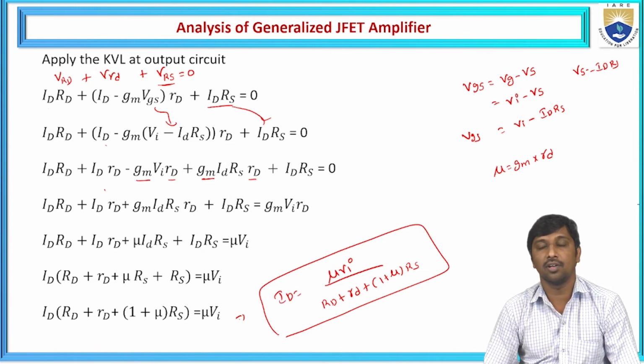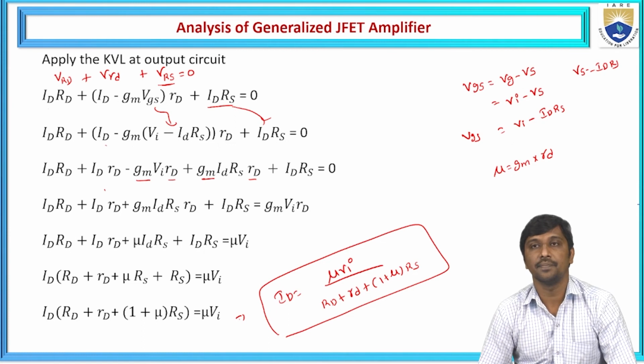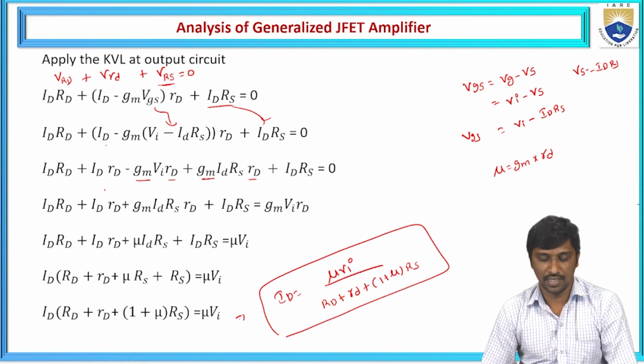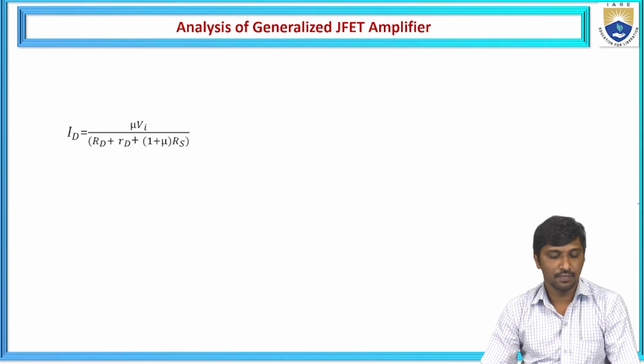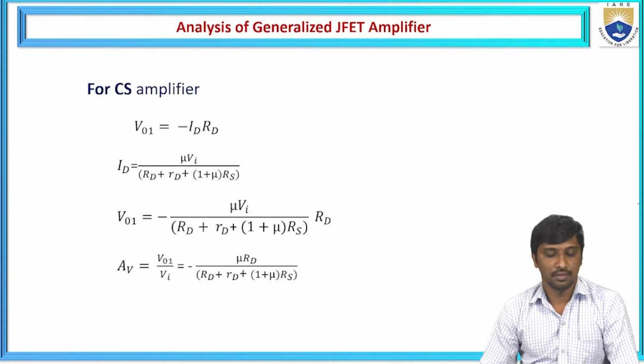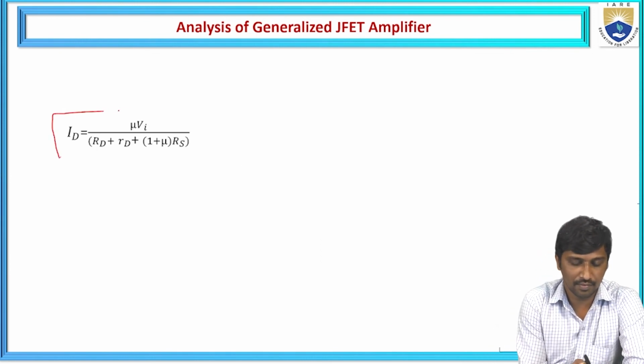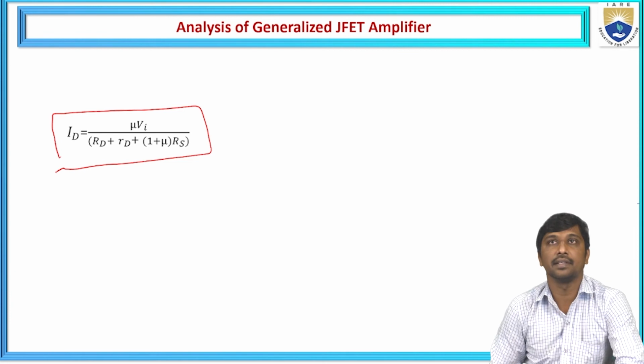It contains all the biasing resistances across the source as well as the drain, along with the internal parameters. So this is the drain current with respect to all the parameters.